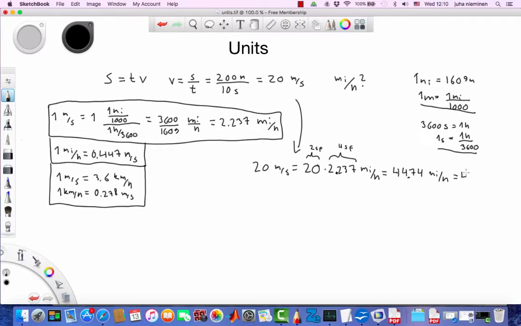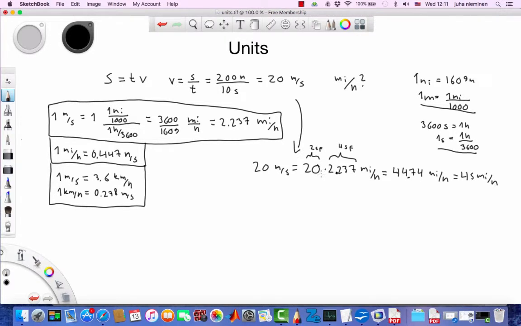So, which brings us to the 45 miles per hour. And the reason is because, for example, when we have 2 significant figures here, this means that the first one is correct, but there's some kind of uncertainty related to the last one. So there's uncertainty in the 0.